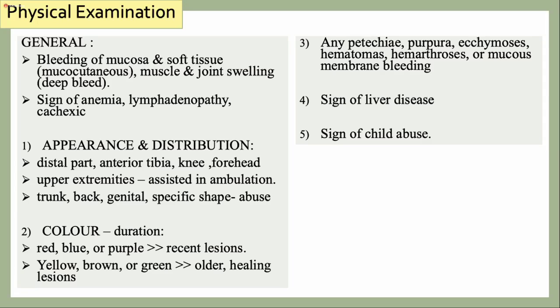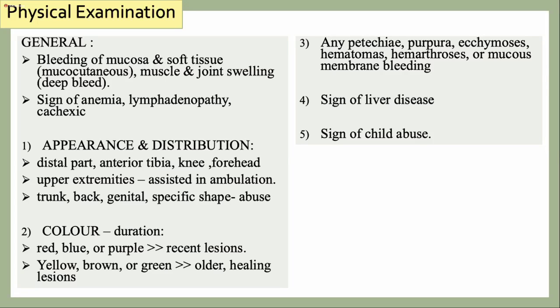Regarding the color of the bruises, it's very difficult for us to determine whether a bruise is a recent or older lesion. But it is said that a recent lesion would be red, blue, or purple in color, while older bruises will appear yellow, brown, or green.